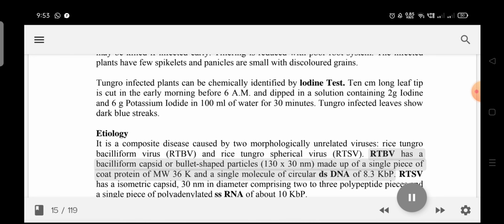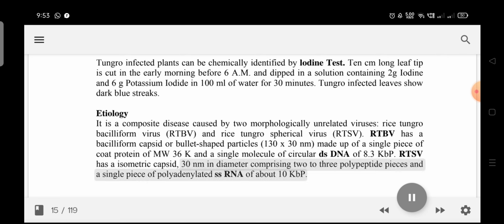RTBV has a bacilliform capsid or bullet-shaped particles, 130 by 30 nanometers, made up of a single piece of coat protein of MW 36K and a single molecule of circular dsDNA of 8.3 kbp. RTSV has an isometric capsid, 30 nanometers in diameter, comprising 2 to 3 polypeptide pieces and a single piece of polyadenylated ssRNA of about 10 kbp.